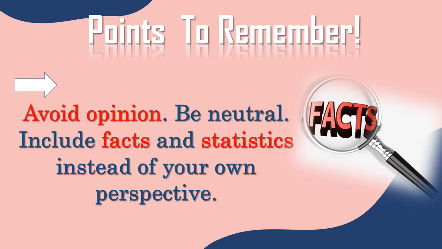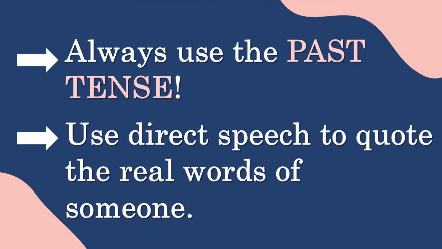A newspaper report has to be facts and statistics. It shouldn't sound like you have taken sides. You have to present both sides of the story. Always use the past tense because it's something that has already happened.